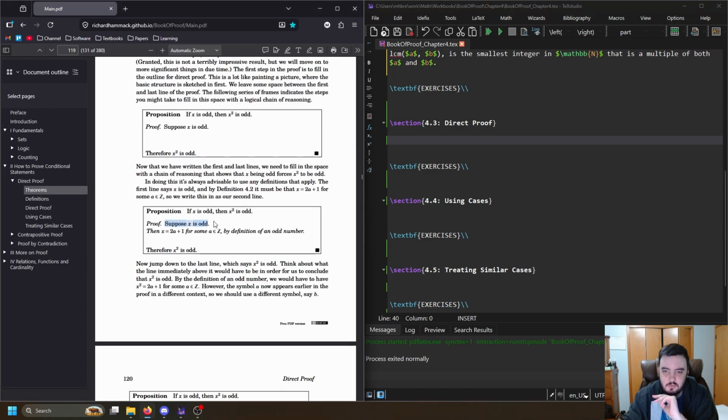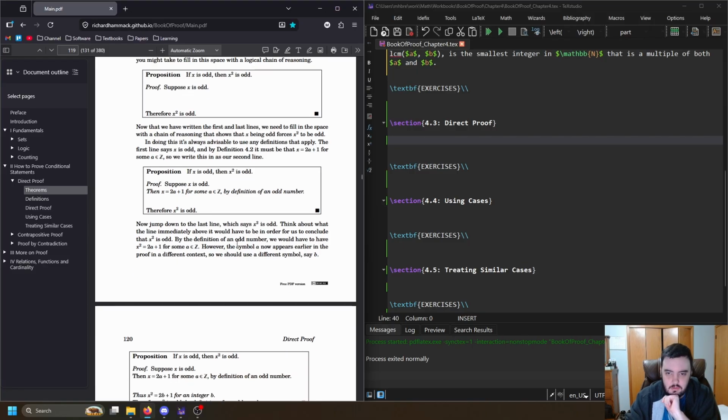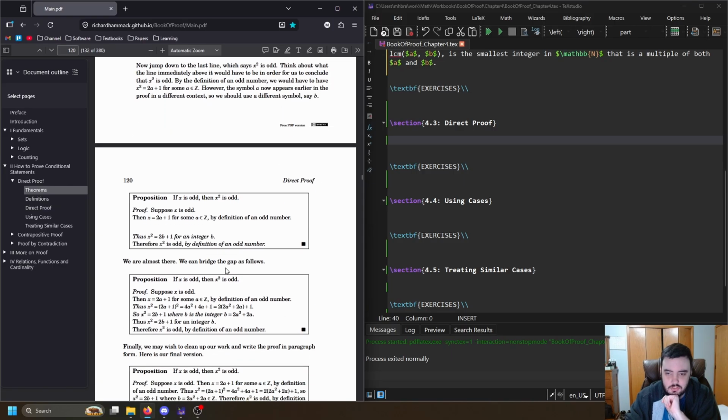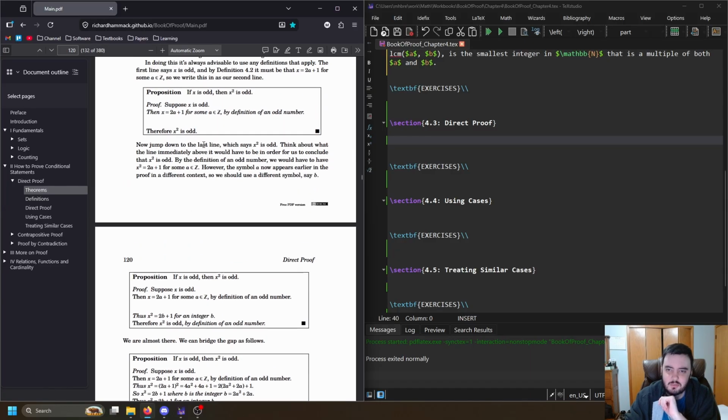All right, so we're starting with assuming that x is odd. So the first thing you do is just, what's the definition of odd? Go look that up, write that down for x, and then square it. And I'm sure we will just see x squared. Oh, they're kind of working backwards. Hold on. Now jump down to the last line.